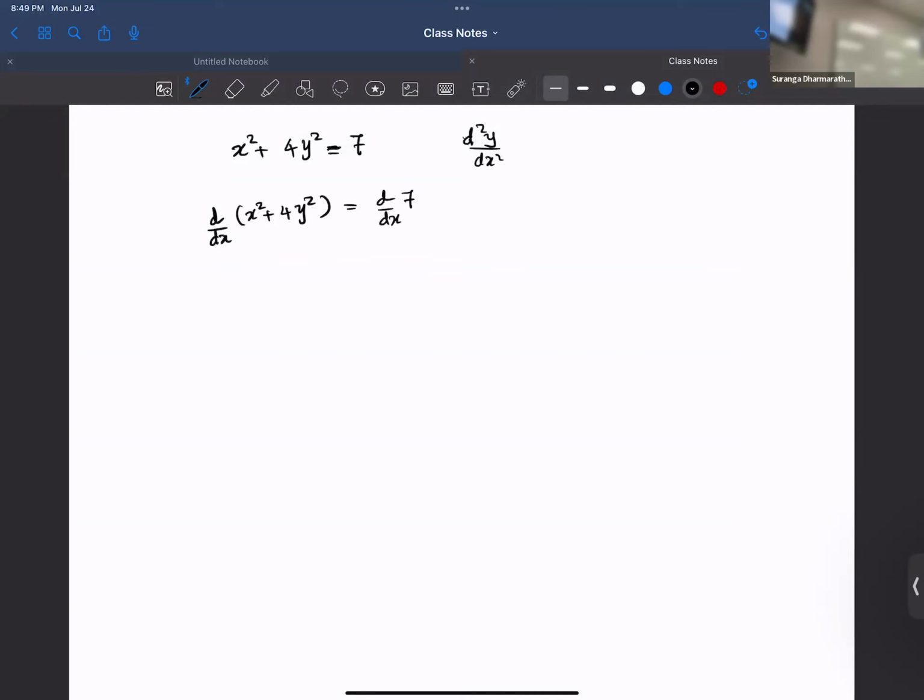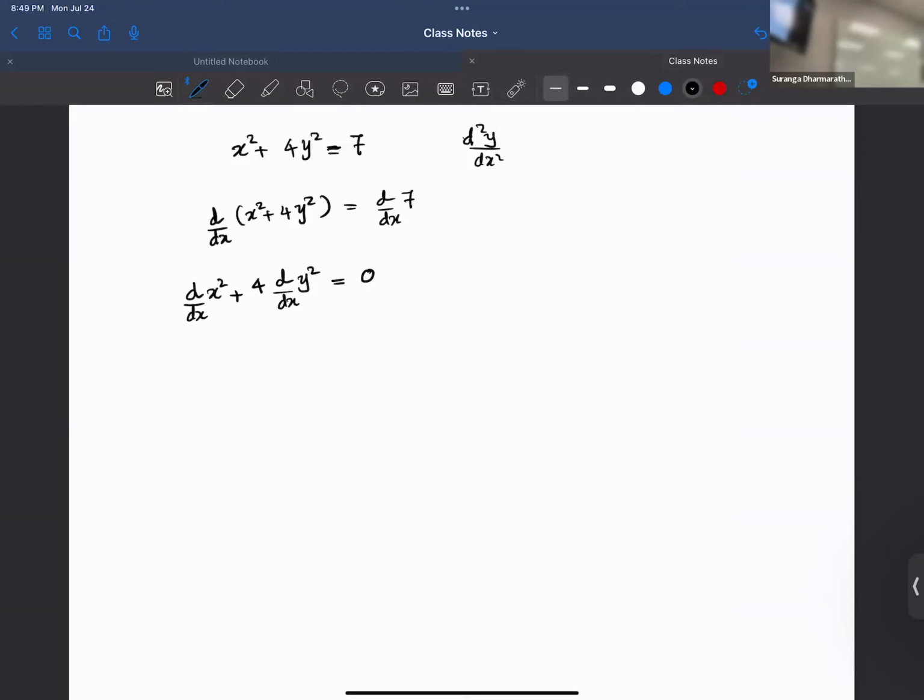Sum rule, right? So d over dx x squared, that term we don't have any problem. Next one, 4 is a constant, you can always take it out, times d over dx y squared. And d over dx of 7 is 0, it's a constant.